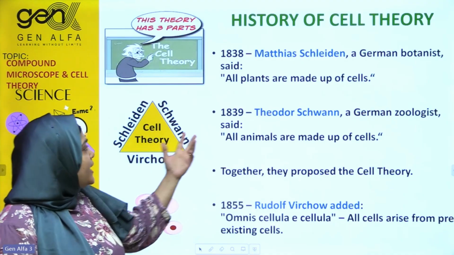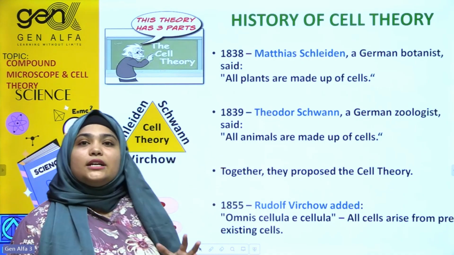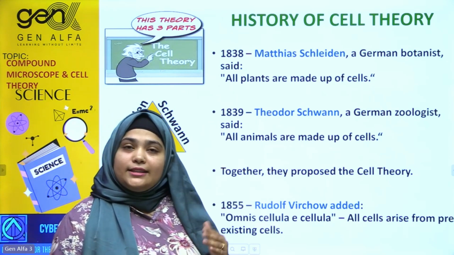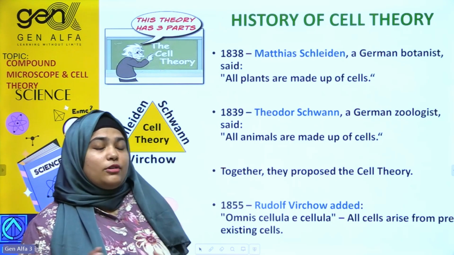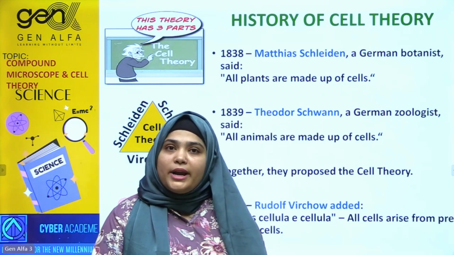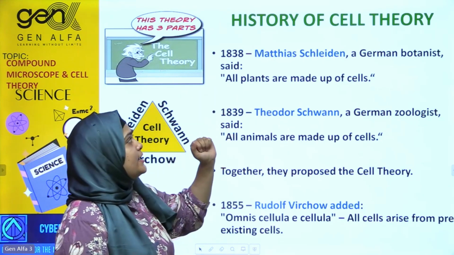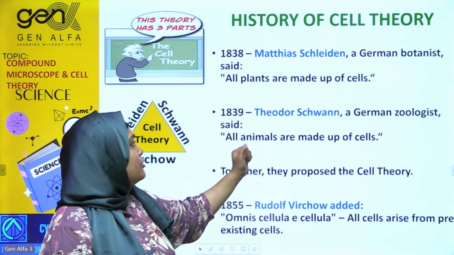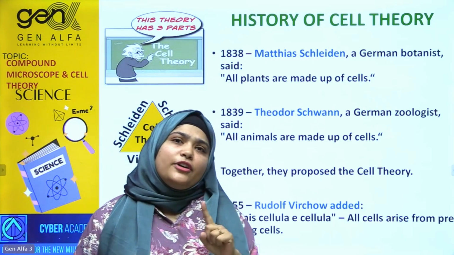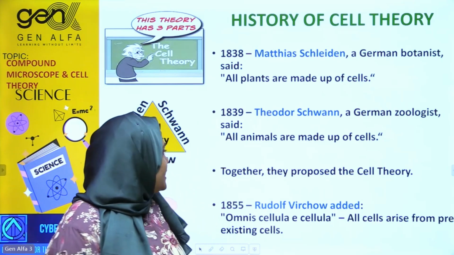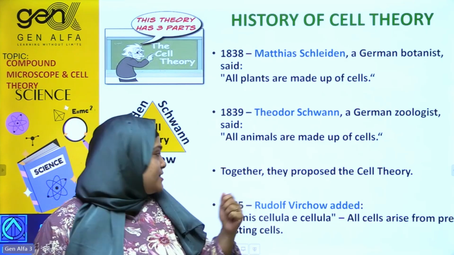Later, in 1839, Theodor Schwann, a German zoologist, observed different types of animals and found that animals are also made up of cells. Together, these two scientists teamed up and gave the very first point of cell theory, that all plants and animals are made up of cells.